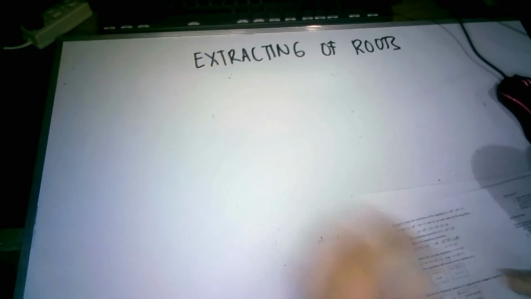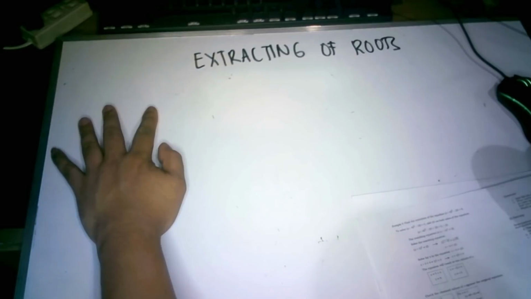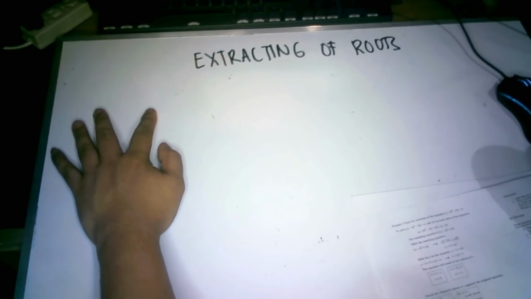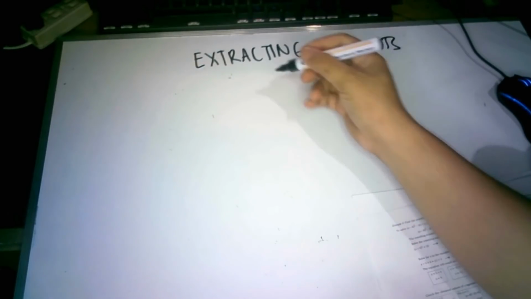Next. Okay, itong mga sample 1 and 2, mga simple lang siya na problem. Usahay may mga problem nga pwede gamitan ng extracting of roots, especially kung ang given is a perfect square binomial, no? Perfect square binomial.